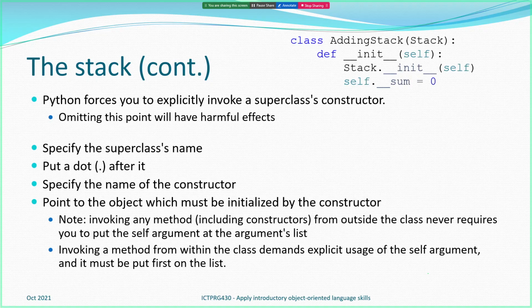This method requires the self argument, and it's got to be first in line. So there's explicit syntax that we have to use when we're dealing with classes, and we need to follow them.